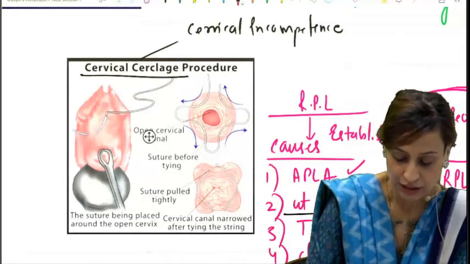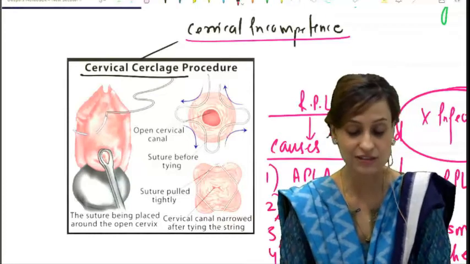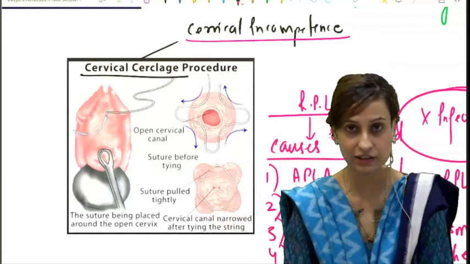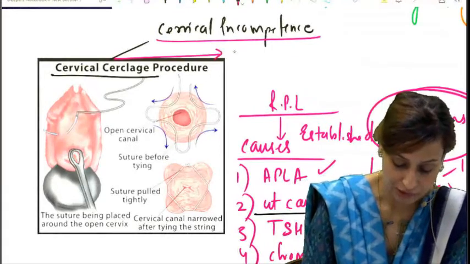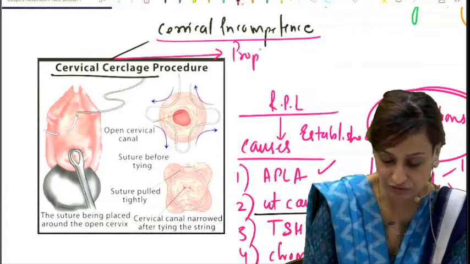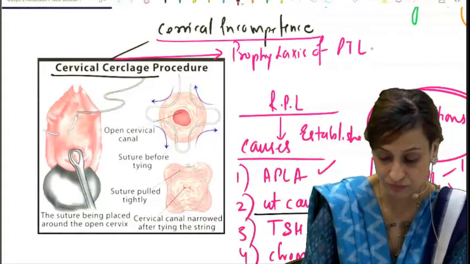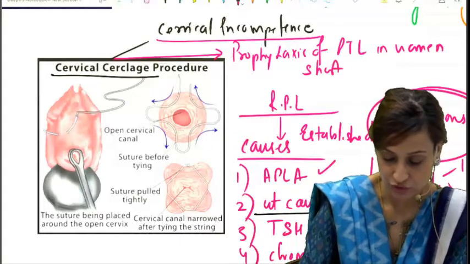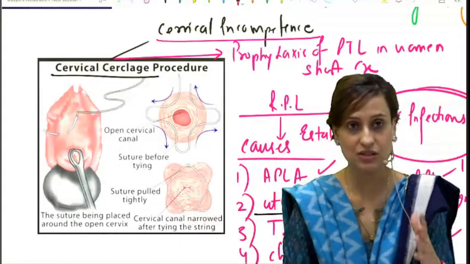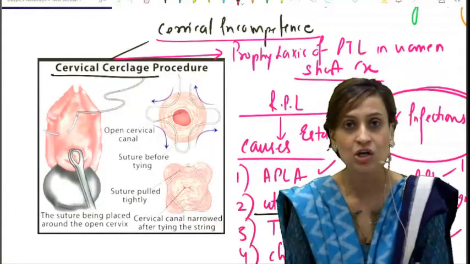Now, please remember, cervical cerclage is not only done for cervical incompetence, but it can also be done as prophylaxis of preterm labor in women with short cervix. So you can also put this cerclage for prevention of preterm labor in women who have a short cervix, right?